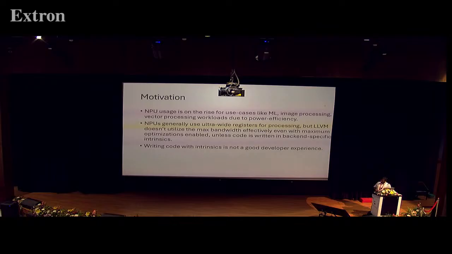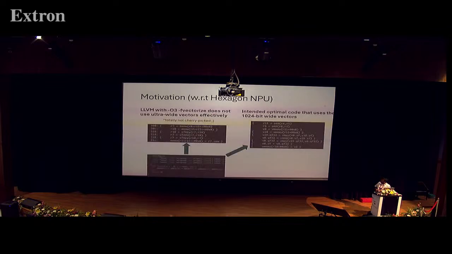NPU usage is on the rise, with ML, image processing, and vector processing workloads. The problem is LLVM doesn't utilize these max bit widths effectively. So you have to write code in backend-specific intrinsics, which is very painful to write. So we need something better than that. That's the motivation behind this project.